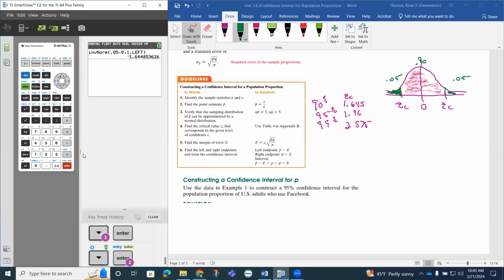If we do that, notice how we get this negative 1.64, and then that 8 makes that move to a 5. That would have been a negative 1.645. But remember, because of symmetry, that negative 1.645 would also give us the positive value of 1.645, so that would allow us to get that critical value over here as well.